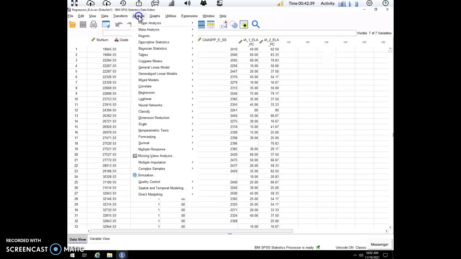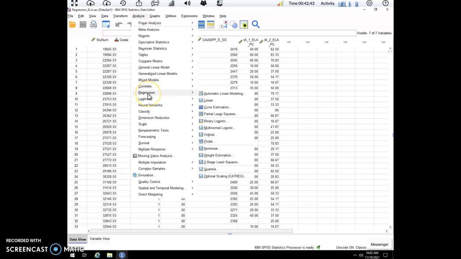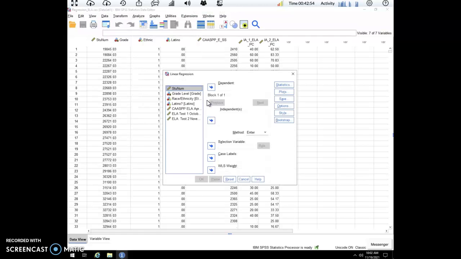So now that we know November has a higher correlation with the April scores, we can then check to see what the regression equation can tell us. So the dependent variable is the outcome, and we're trying to predict the April scores.